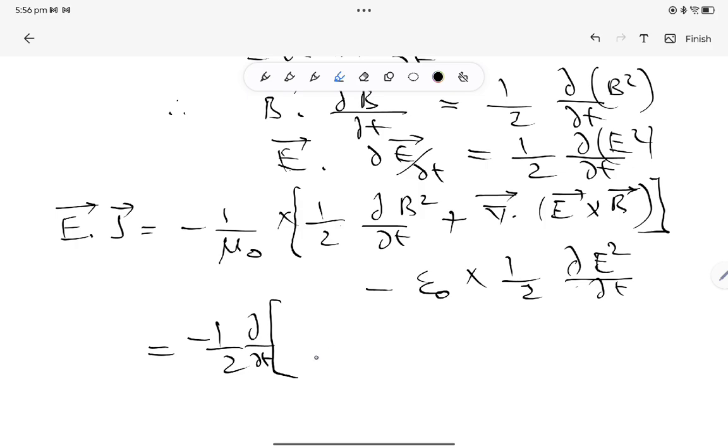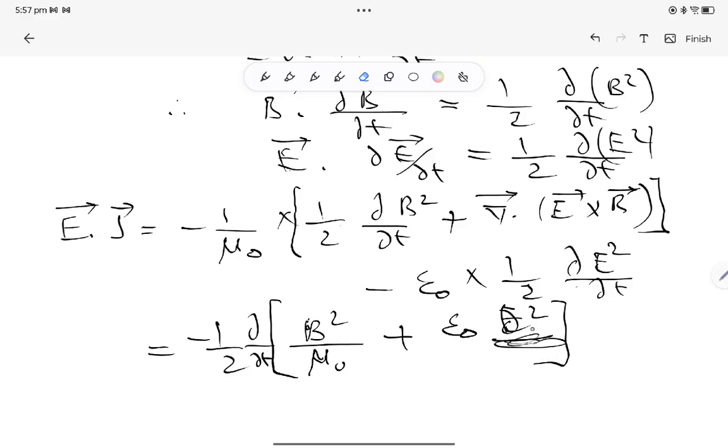Then I have B square by mu naught plus epsilon naught E square, just a minute.